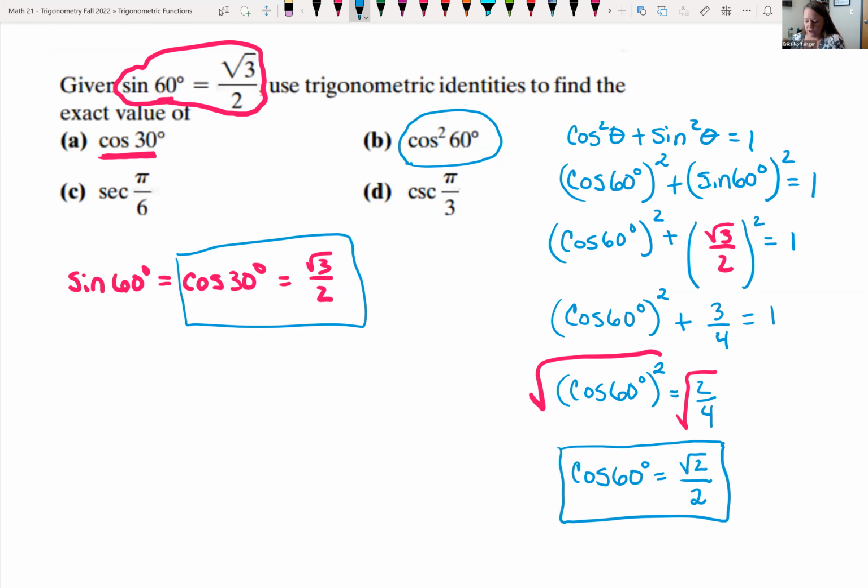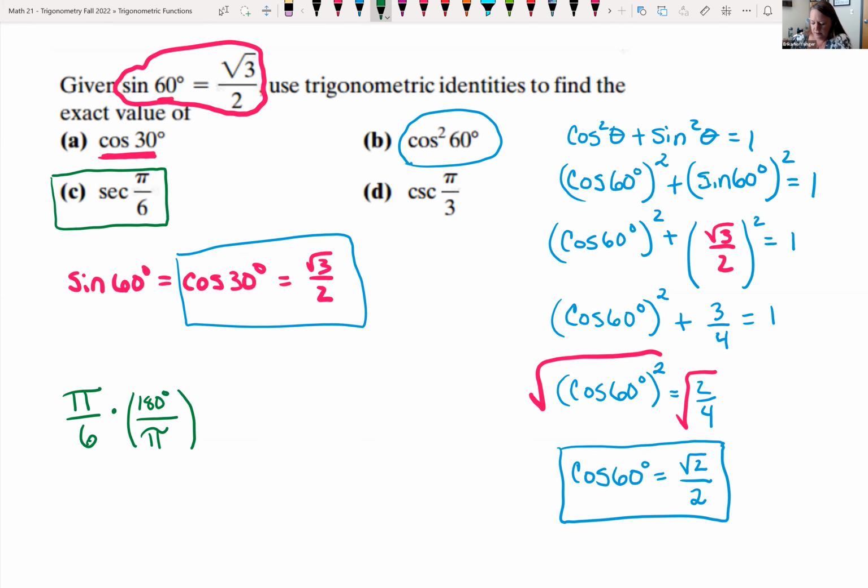Part C says we're looking at secant of pi over 6. So let's rewrite pi over 6 in terms of degrees, because we have degrees before. Recall to rewrite this in degrees, we multiply the radian by 180 degrees all over pi.